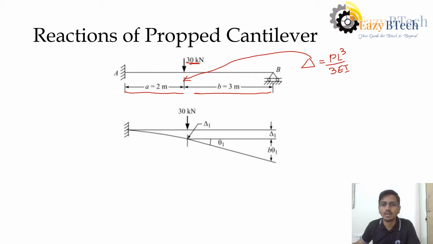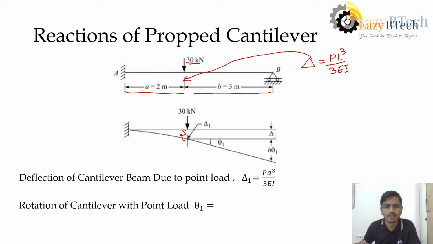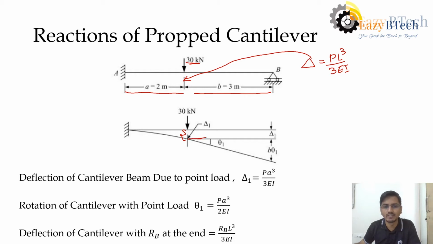But to find out the reaction, I need to get the deflection at B. For that, we get the deflection by applying this formula, and from this point we assume the deflection is constant. The deflection will be constant throughout the beam till the end. So whatever deflection we get here, the same deflection we will get at the end point B.